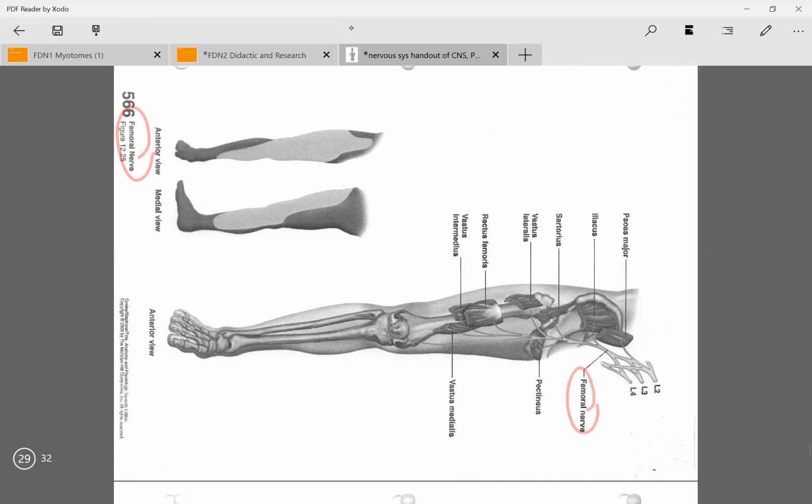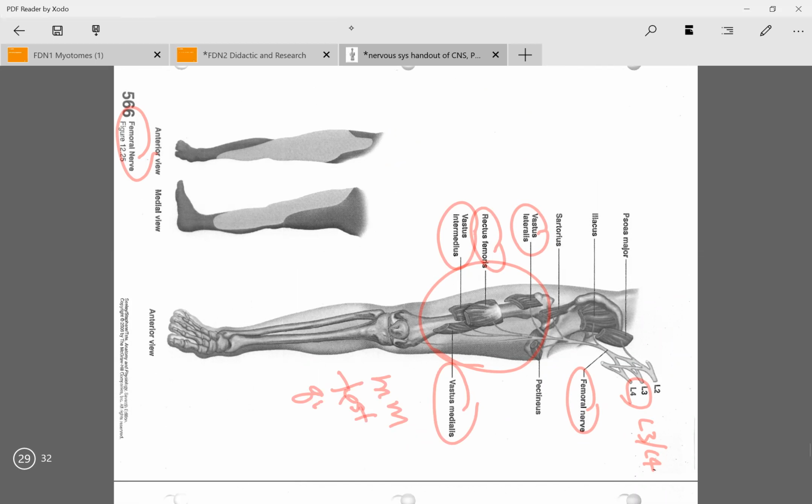It's the L3, L4 nerve root, and it comes down and basically innervates the quads: vastus lateralis, rectus femoris, vastus intermedius, vastus medialis, right? So that's the muscle test, your quads. Quads do extension at the knee.